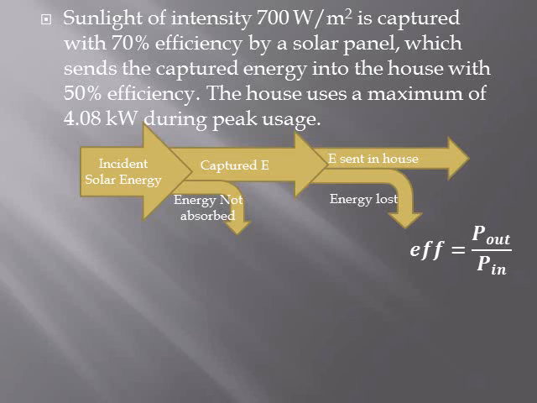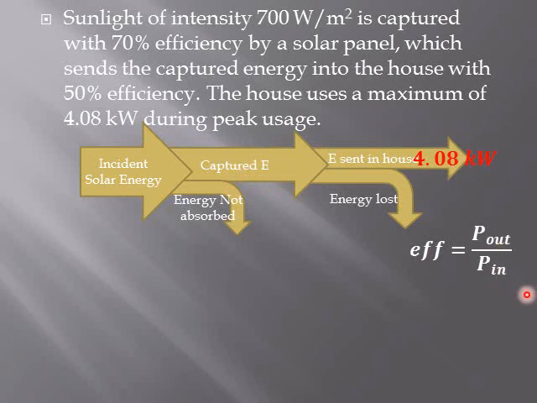Well, let's take a look. Let's label some stuff. We know efficiency is power out over power in. So we know that we want to get out totally 4.08 kilowatts, right? So that's what we want to get out in the end. But there's actually two efficiencies here. There's an efficiency here where we lose some energy and an efficiency here where we also lose some energy. So before we can find out how much energy we need to absorb from the very beginning, we've got to figure out how much energy was captured.